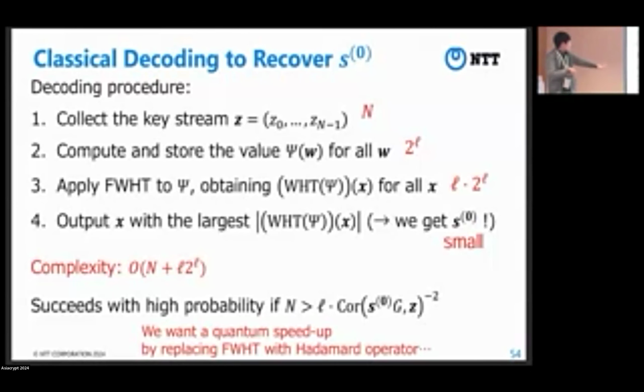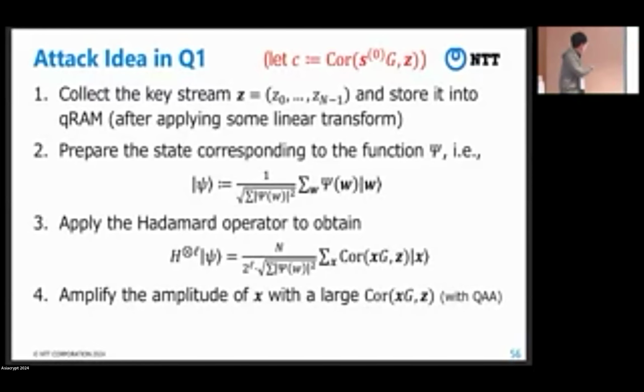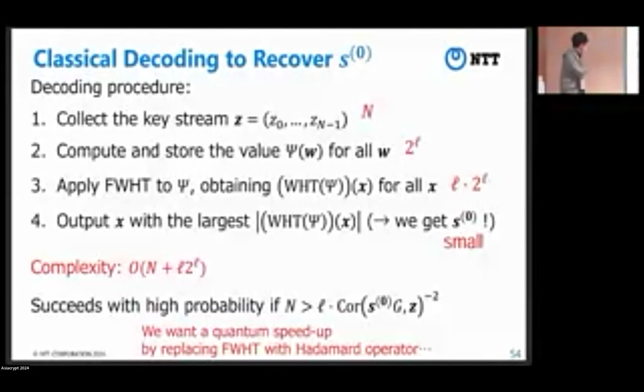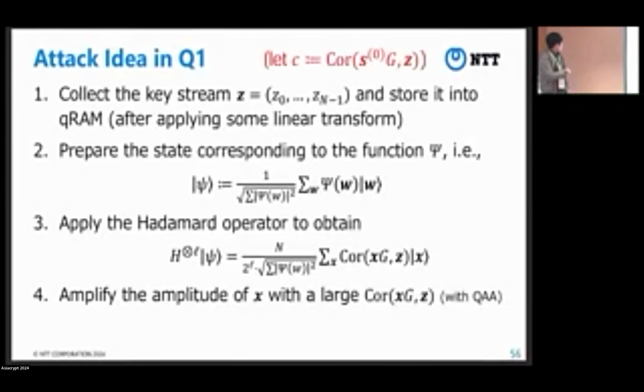Here, I'd like to achieve some quantum speedup by replacing the fast Walsh-Hadamard transform in the third step with the Hadamard operator in quantum computation. Our attack in the Q1 setting looks like this.